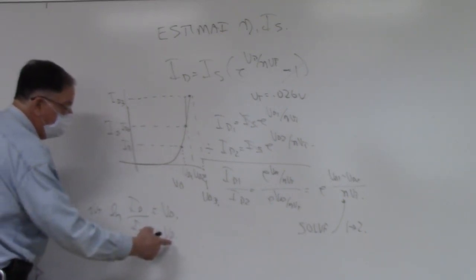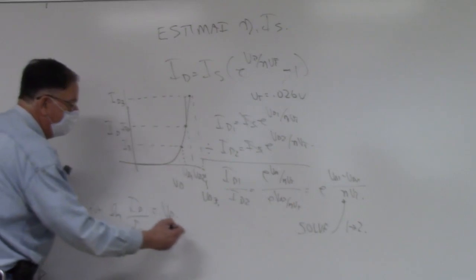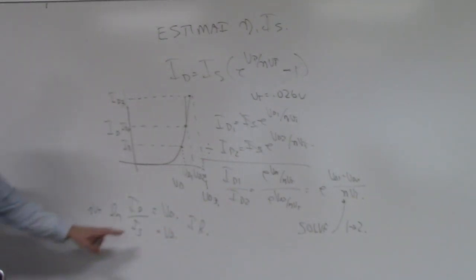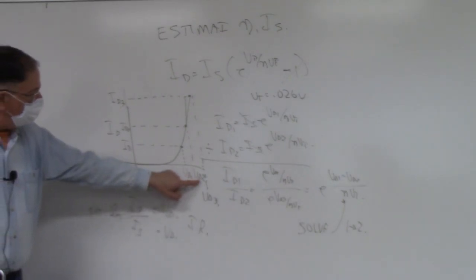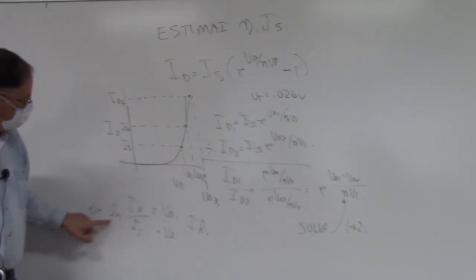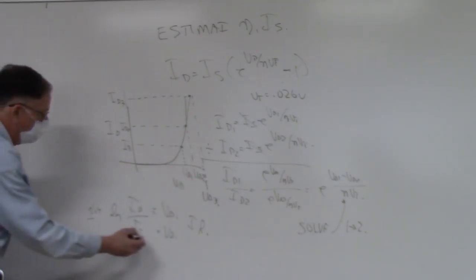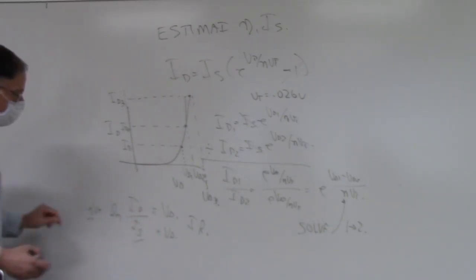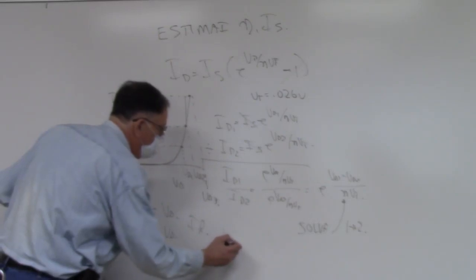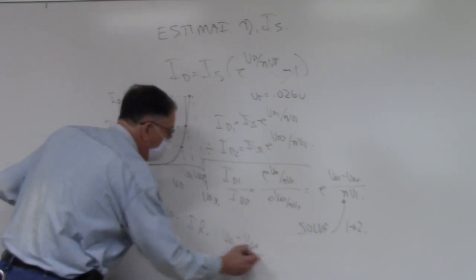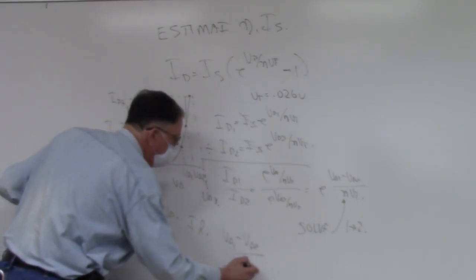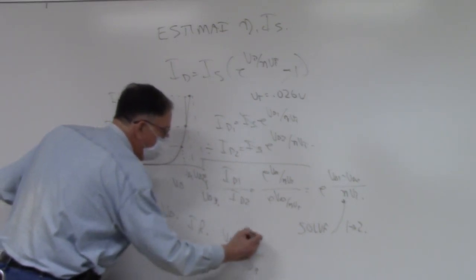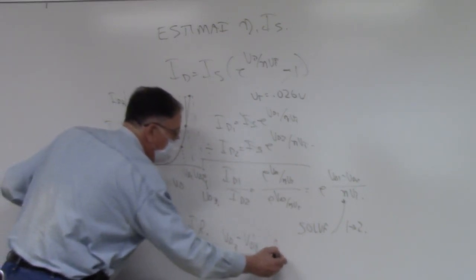And the difference between this VD and that VD is due to IR drop. We have a VD that we measured here, and a VD that we're calculating using our N and our I sub s. Let's call this VD3 minus VD3 prime is equal to RD.